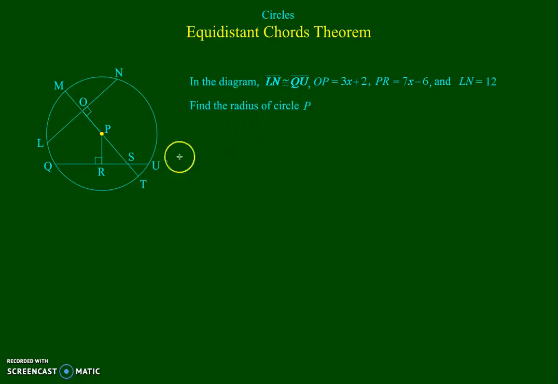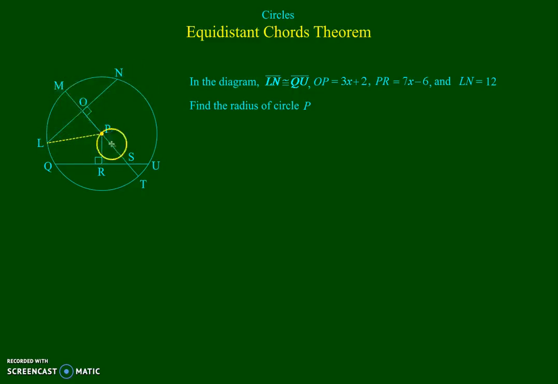In this problem, it looks kind of complicated, and it's going to be using a group of theorems that we've just finished talking about. So let's get started. I need to find the radius, so I'm going to draw in this radius so that we can see what we're working with. I'm given that this piece is 12.